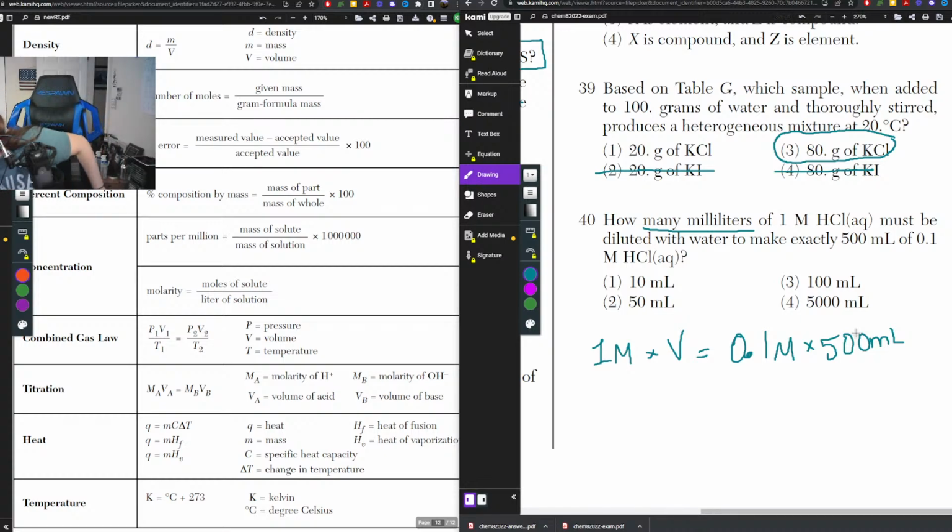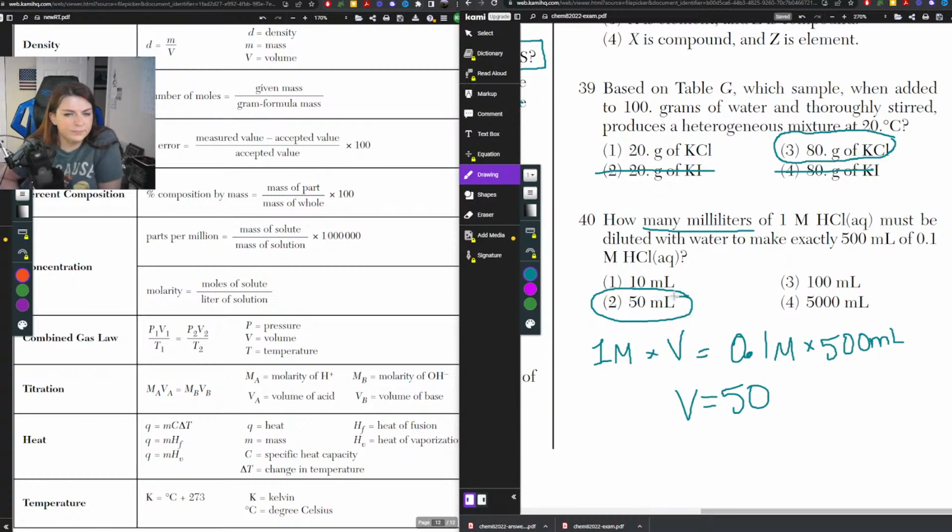Here's my calculator. We didn't need a calculator till question 40. That's pretty good. Okay, so 500 times 0.1. I feel like I should know that that's 50. 1 molar times an unknown volume would just be volume, so my volume is 50 milliliters. The reason this is confusing is because you would do MV of the acid equals MV of the base, but they're the same thing.